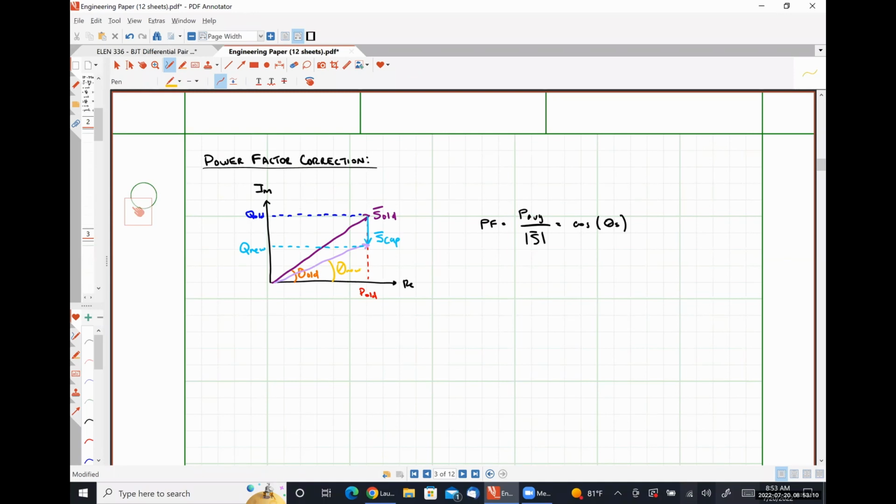Okay. So this is how the process of power factor correction works.